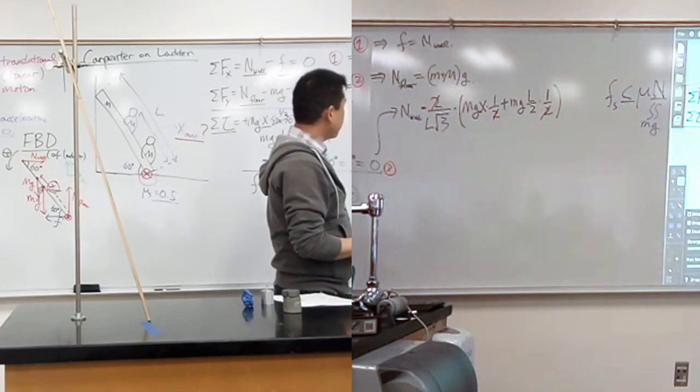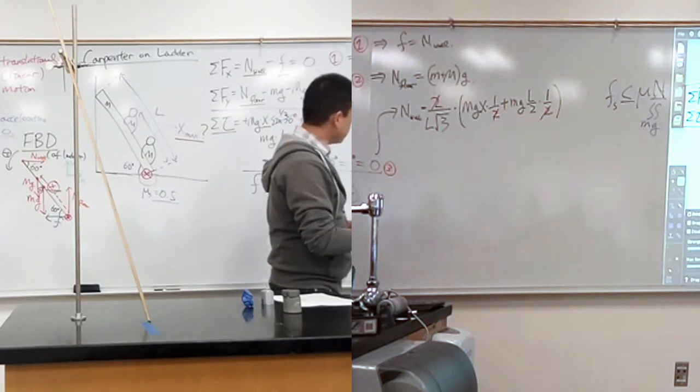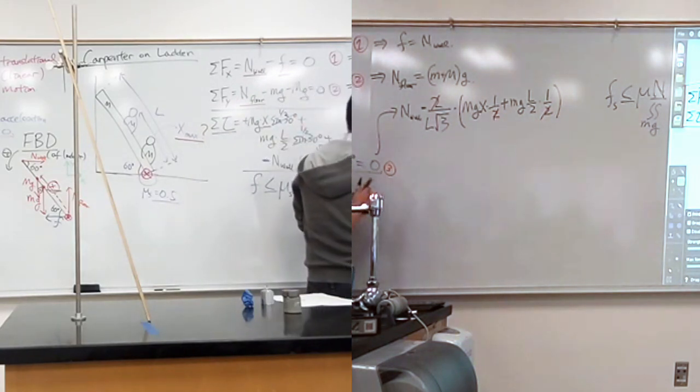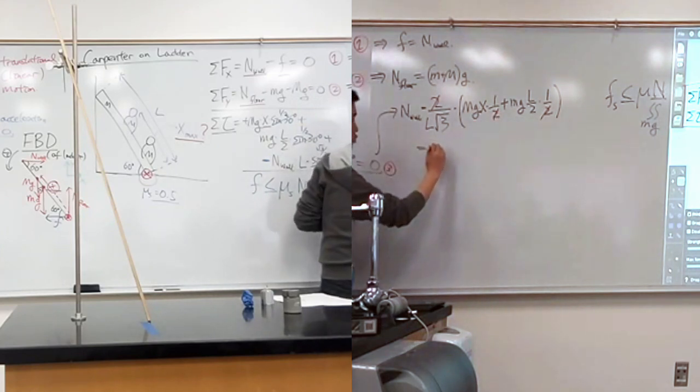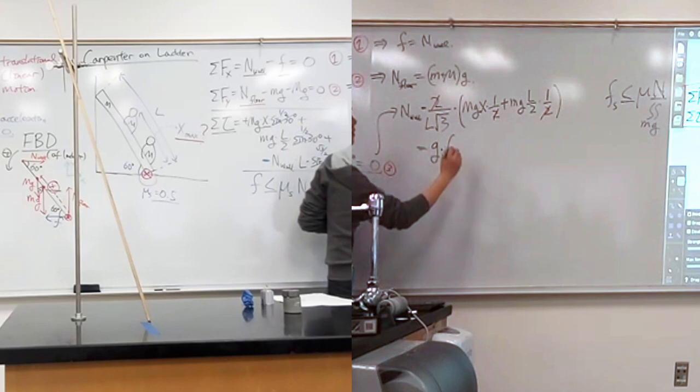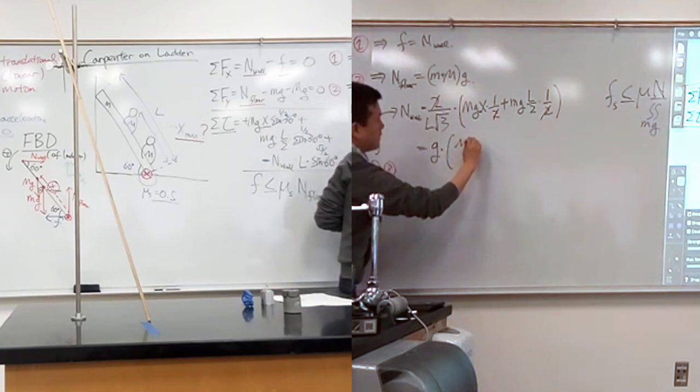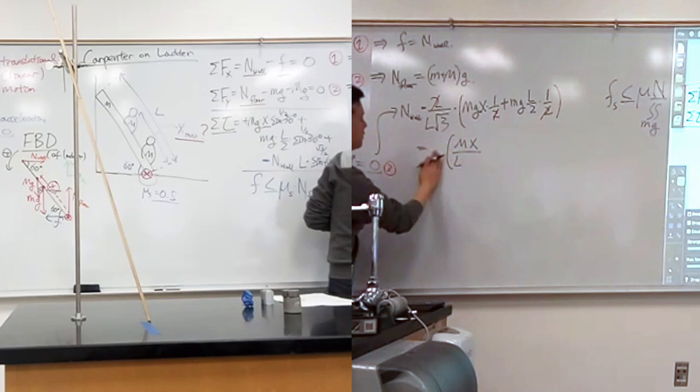Well, L doesn't really cancel out. So let me just write out the final version this way. I'm going to factor out G. So G times big M x over L. In fact, let me write that G over √3.